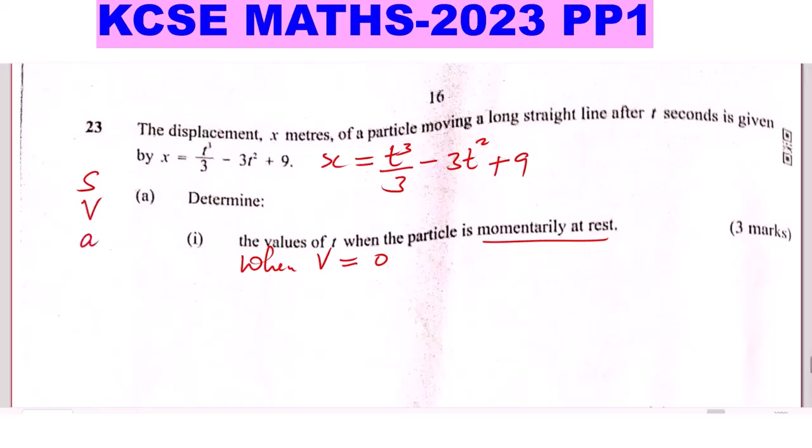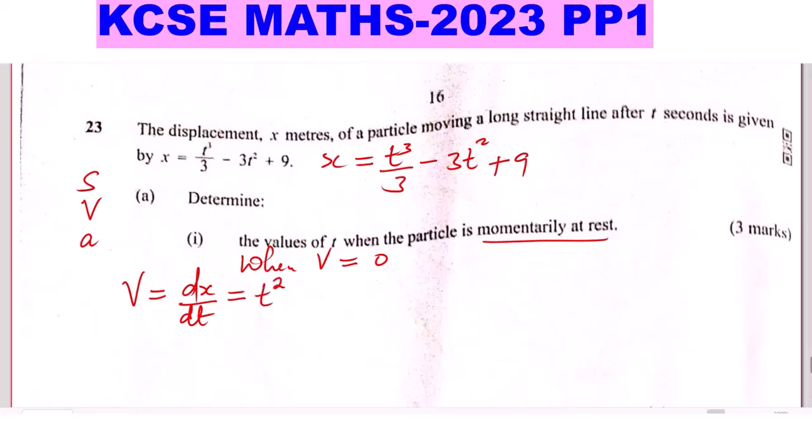So in this case, we are going to differentiate displacement, or what we call the distance. That is, velocity will be given by differentiating x with respect to t. When you differentiate this function, you'll get t squared.